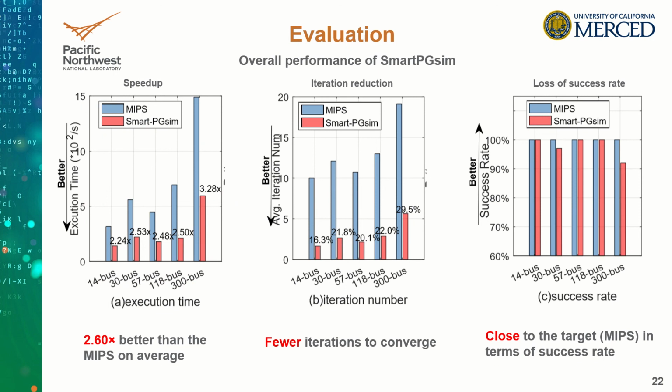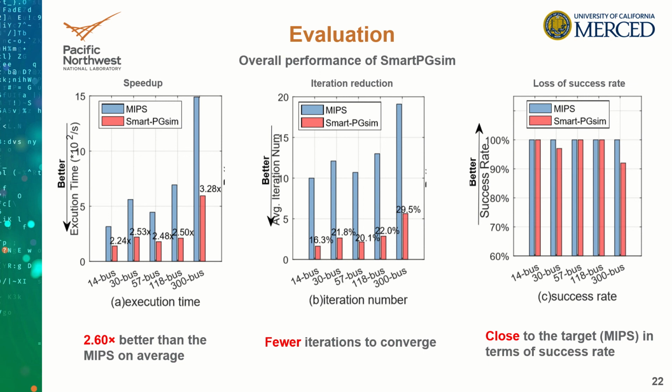So here, we will evaluate the speedup and accuracy of SmartPGsim. The left 2 figures show the comparison of SmartPGsim and the MIPS model. We use different power bus systems, and we can see in all test cases SmartPGsim performs better.